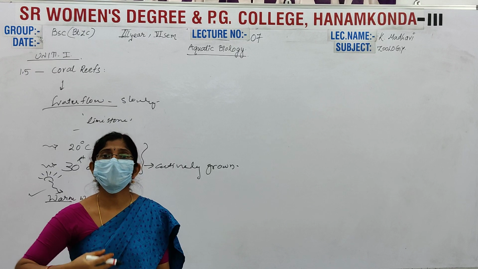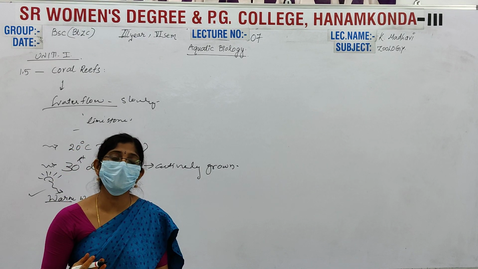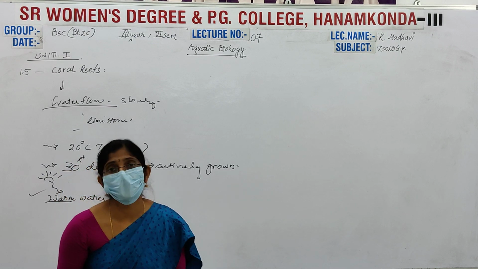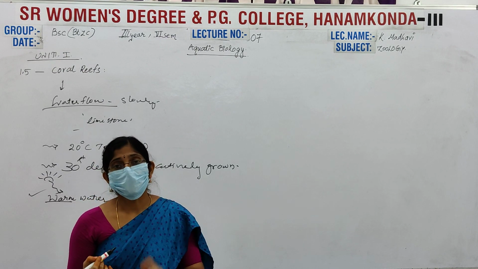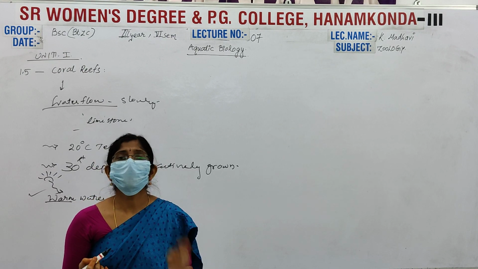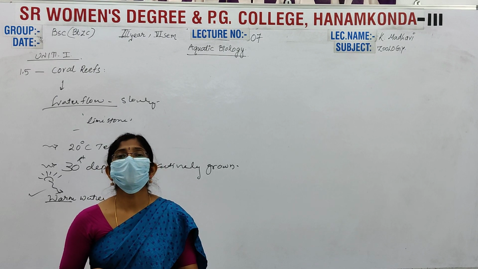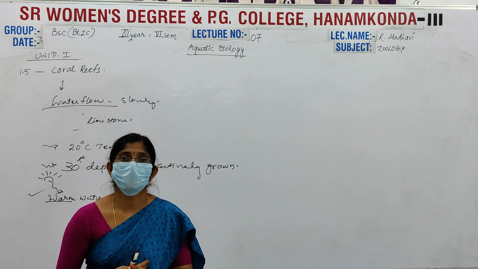When we compare the bottom zones to the upper layer zones, we observe that the epipelagic zone has abundant sunlight. That's why in this zone most of the phytoplankton grow, and the organisms are very active in their reactions.